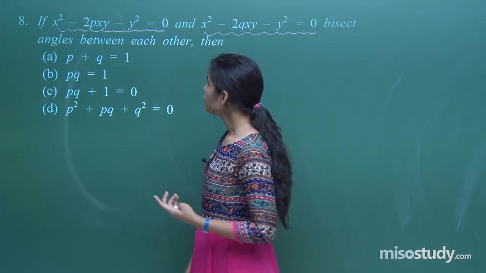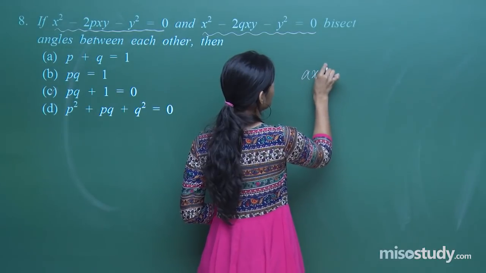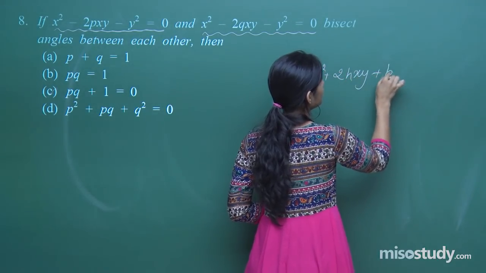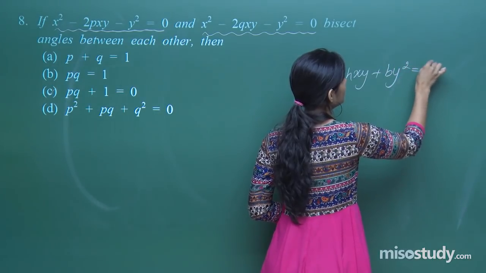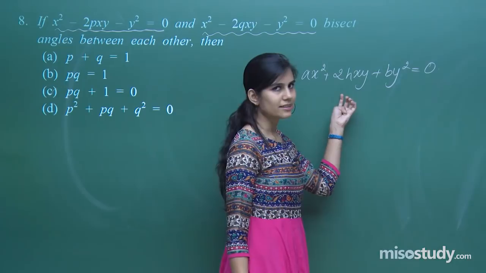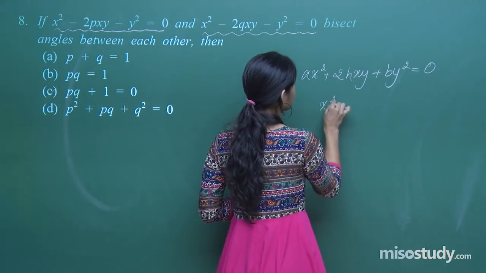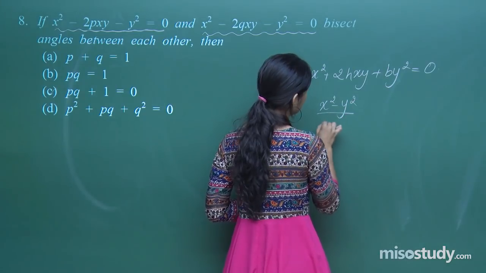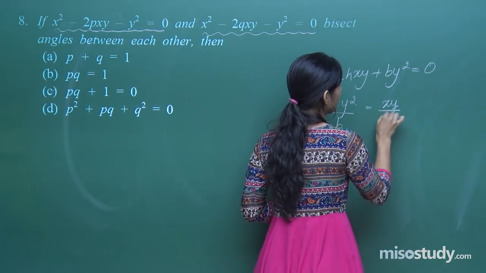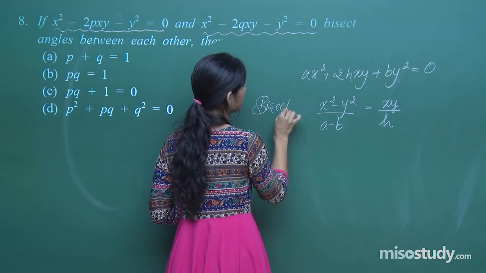Generally, you should know whenever you have ax square plus 2hxy plus by square equals 0, then the combined equation of the bisectors of the angles between the two lines represented by this equation is given by x square minus y square upon a minus b equals xy upon h. This is the equation of the bisectors.